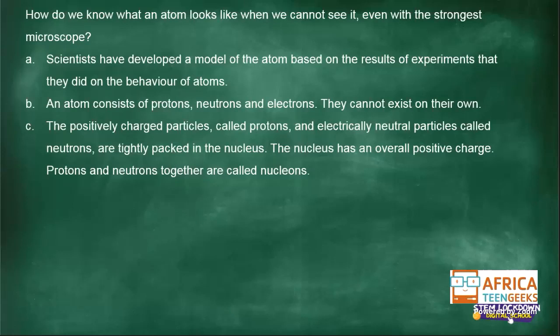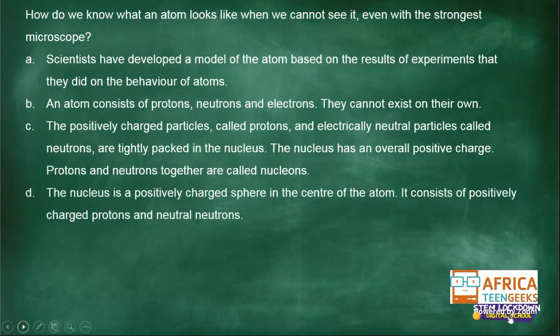And the protons and the neutrons together are called nucleons. Then the nucleus is a positively charged sphere at the center of an atom, and it is positive, as I repeated above, only because the protons are there and the neutrons don't have a charge.